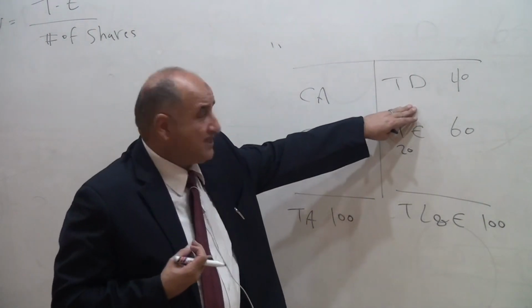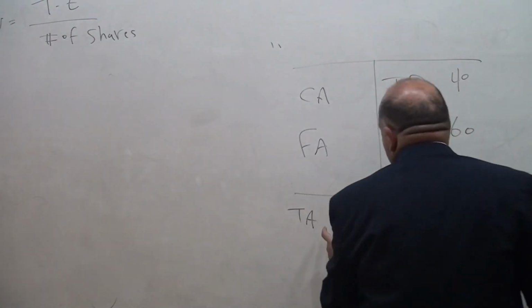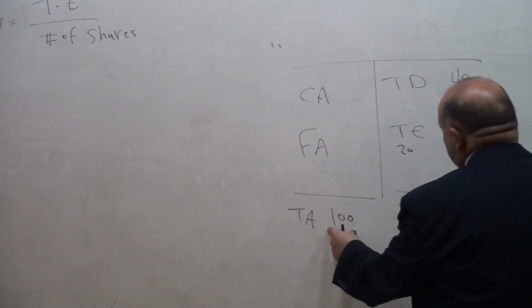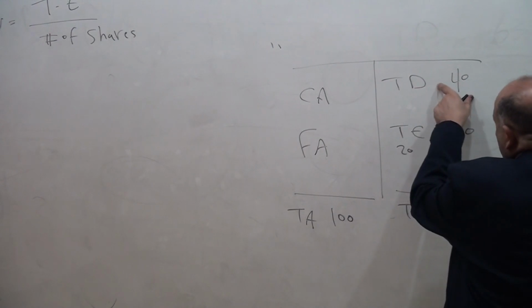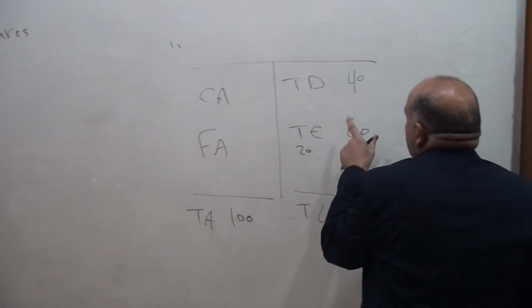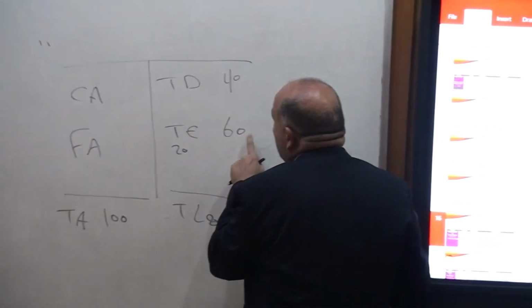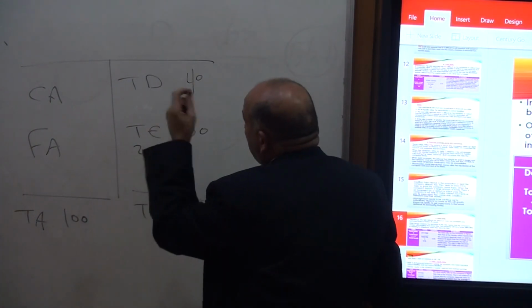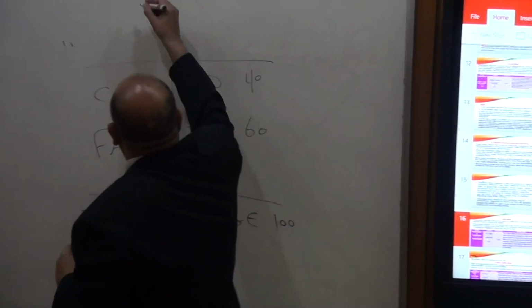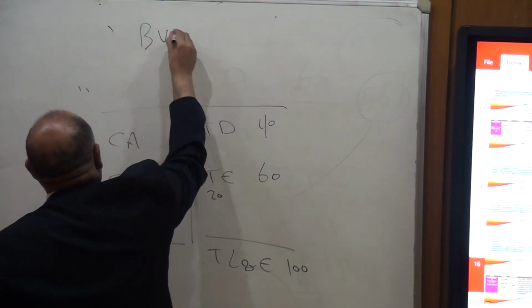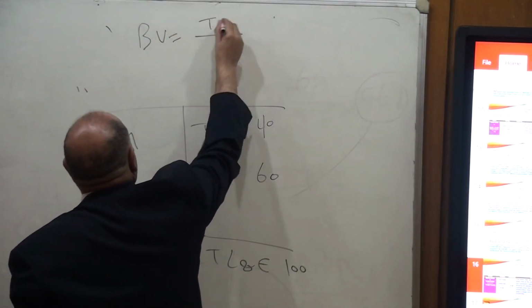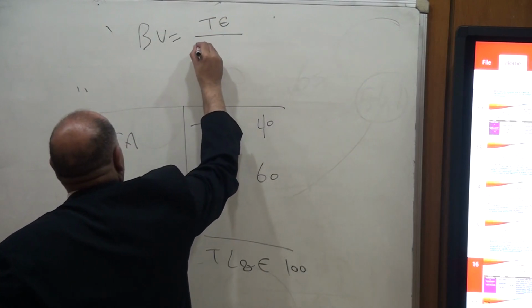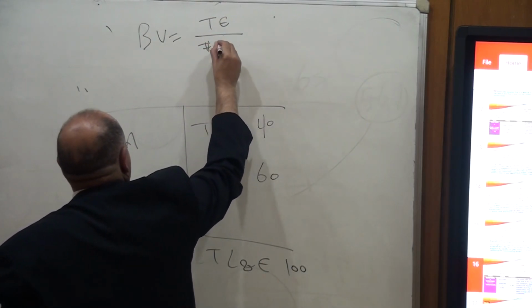So we use the 100 of assets and pay the debt, which equals 40. The remaining is 60, which is distributed to the owners. So how much does each one have? This is what we call book value. So book value equals total equity divided by number of shares.